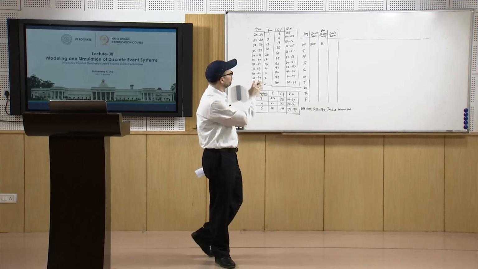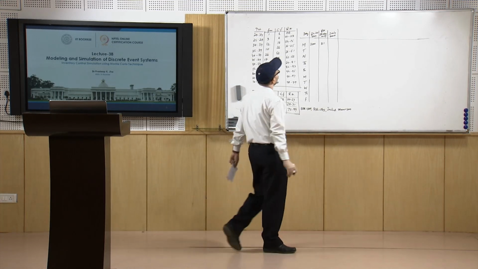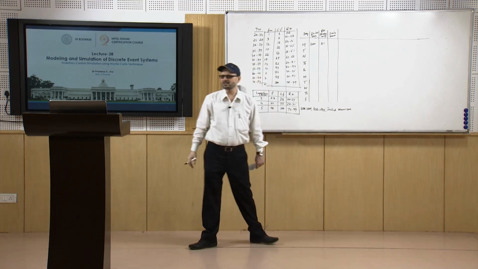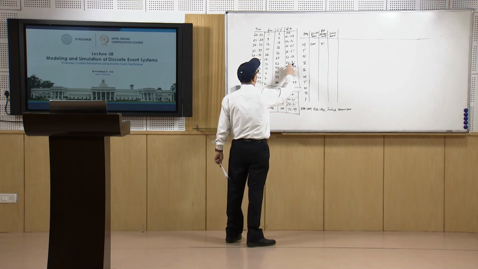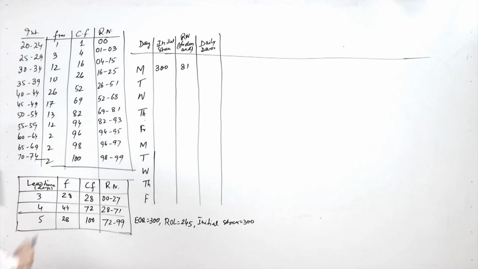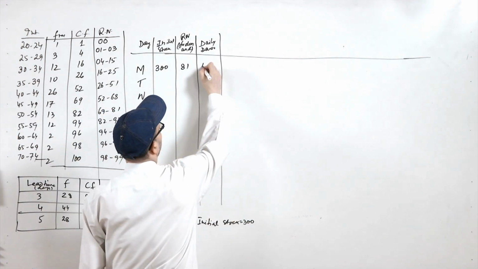Now, for the daily demand, 81 falls here, the demand between 50 and 54, so the average value is 52. Your daily demand comes out to be 52.